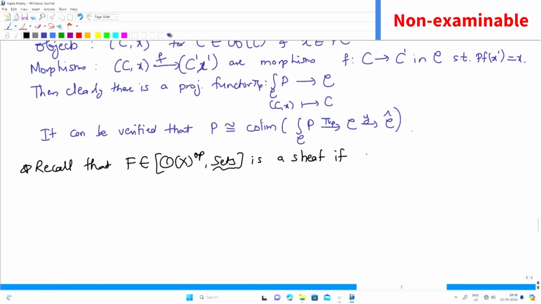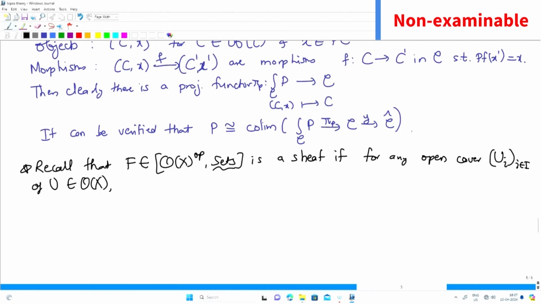It says that for any open cover U_i of U in OX, if we have local sections F_i which are compatible with each other, like F_i restricted to U_i intersection U_j is equal to F_j restricted to U_i intersection U_j, then there exists a unique section F on U such that its restriction to each U_i is F_i.